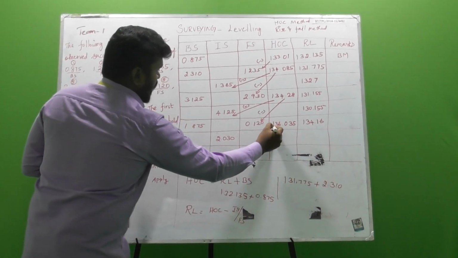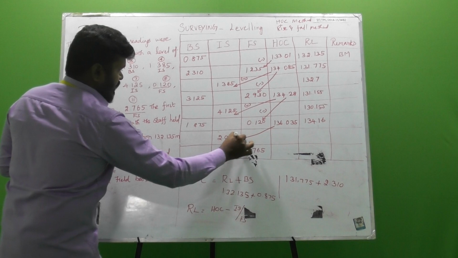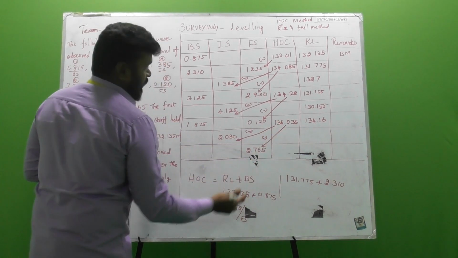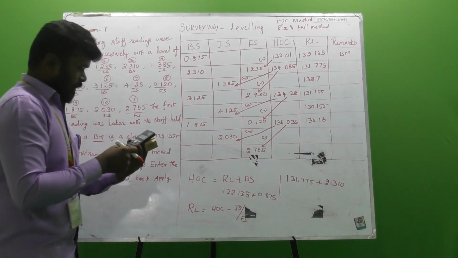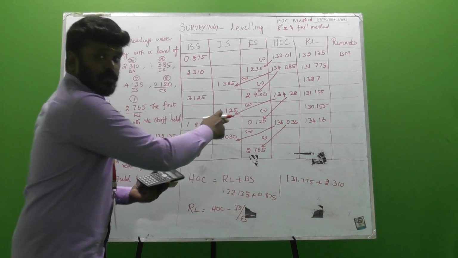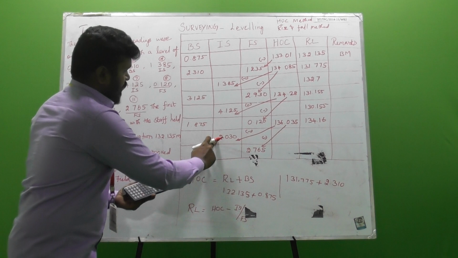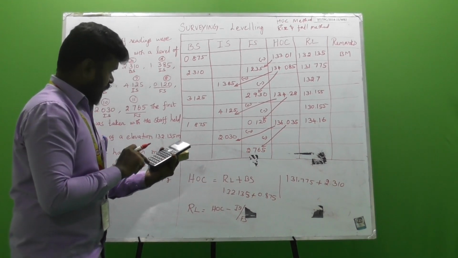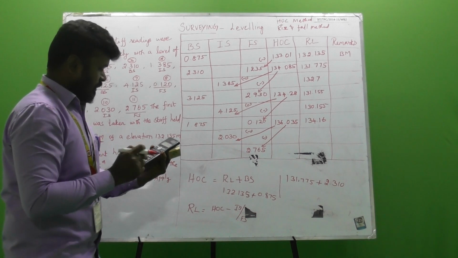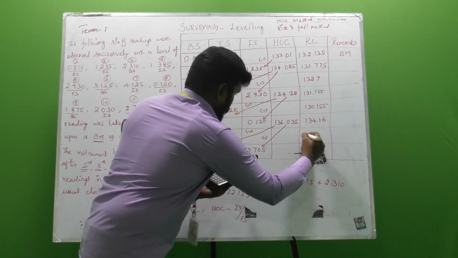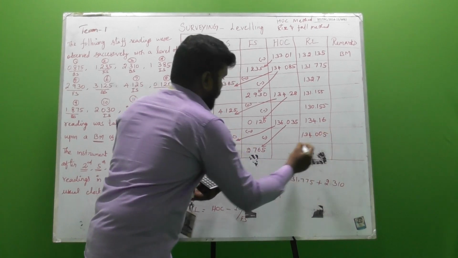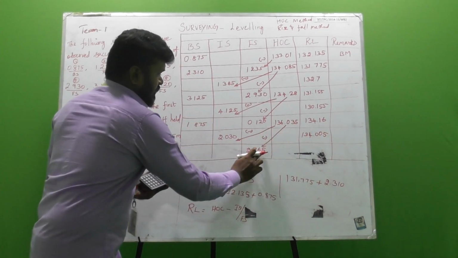We know HOC minus IS and HOC minus FS. HOC value is 136.035, the IS value is 2.030, and we get the RL value 134.005.